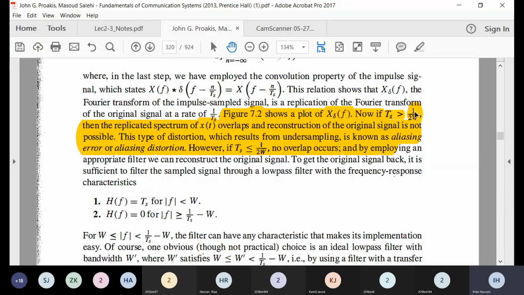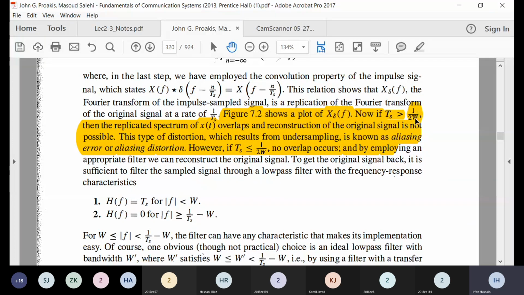Now what happens if, for example, my Ts is not less than or equal to 1 over 2W, but my Ts is actually greater than 1 over 2W. In other words, I can write this as 1 over fs, so 2W becomes greater than fs.